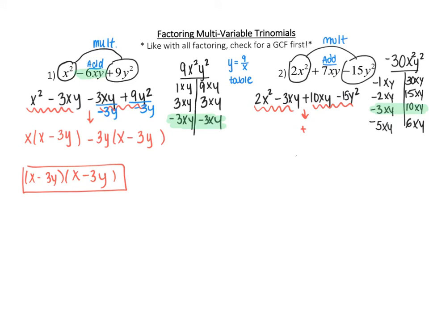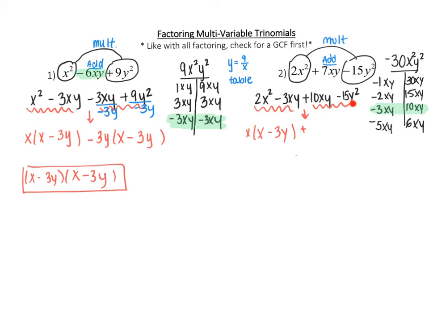So if you look at these first two terms, I'm thinking the only GCF that I can take out is an x. And then I'm going to divide each term by x. So 2x squared divided by x is nothing other than x. 3xy divided by x, the x's will cancel, is nothing other than negative 3y. Then in my second two terms, out of the 10 and the 15, I believe I can take out a 5.